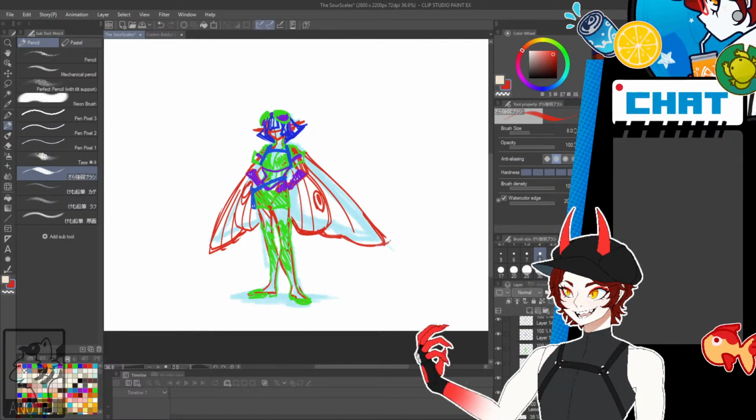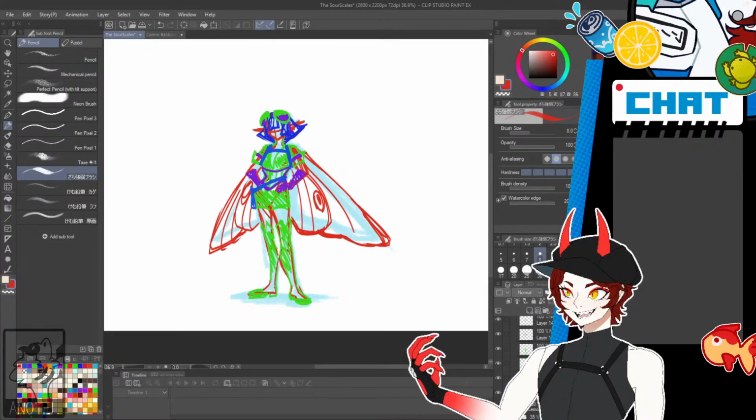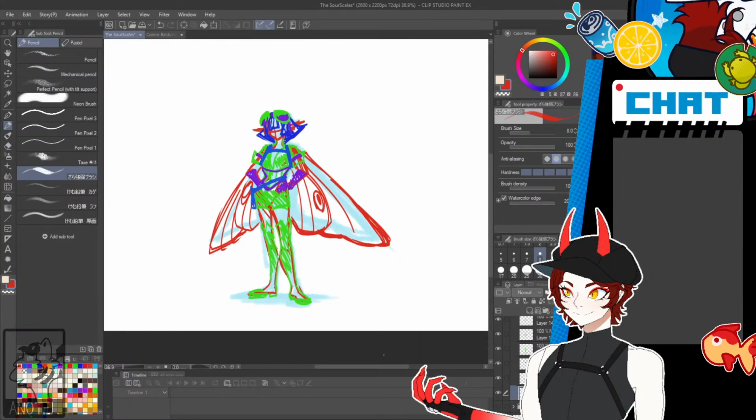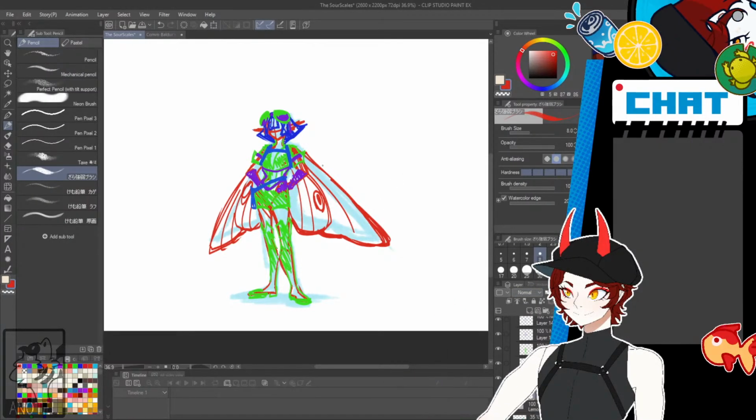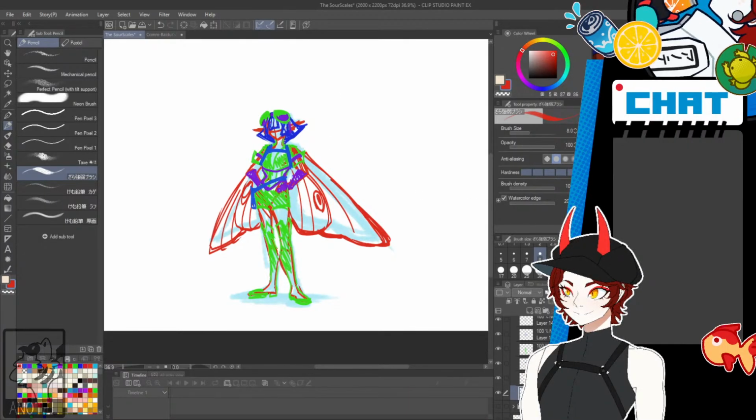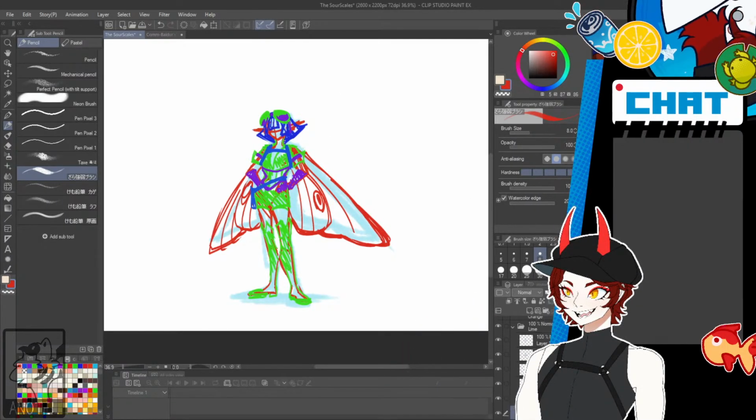I think I might end up going with the holographic look just because I haven't done that very often these days. And I think lime-colored holo wings would look very yummy. And that's why I like citrus.